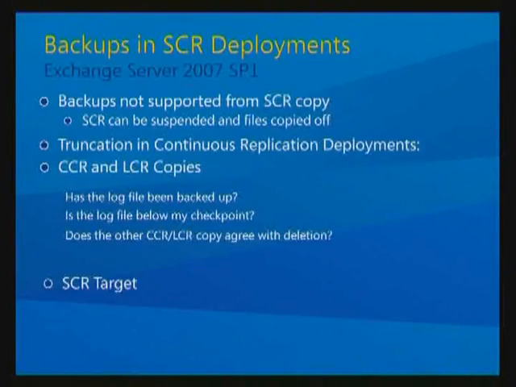And does the CCR or the LCR copy agree that it should be truncated? What that really means is, has that log made it over to the copy? And only at that point will we truncate.